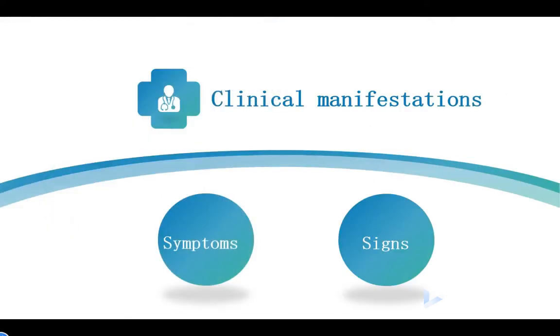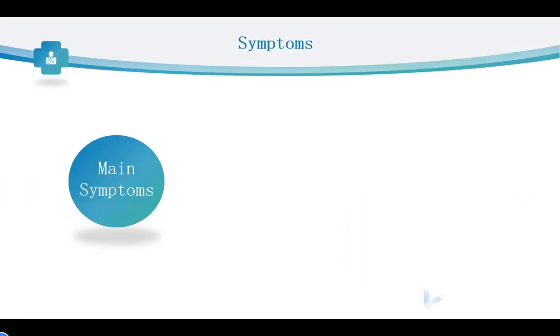Now, let's move to the clinical manifestations. We know that cor pulmonale is a secondary disease caused by a primary pulmonary or thoracic disease. So, the symptoms of cor pulmonale are complicated, but we can divide them into different groups.